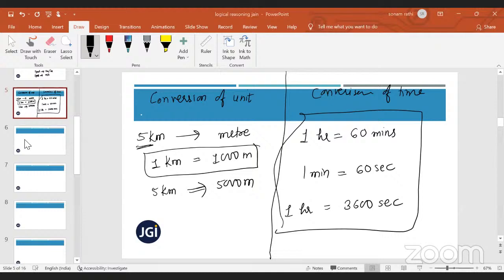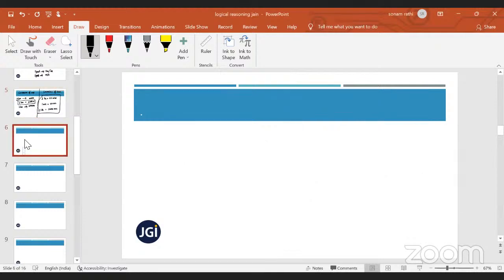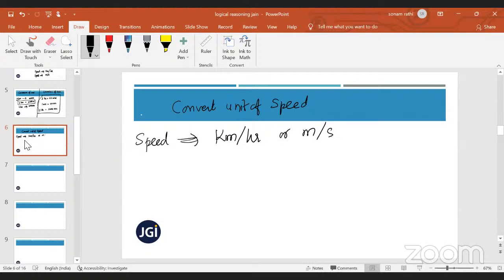Now, sometimes in a question, you need to convert the unit of speed. We know speed has 2 different units: one is kilometer per hour, the other is meter per second. Sometimes it is required to convert kilometer per hour into meter per second or meter per second into kilometer per hour. How will we convert?